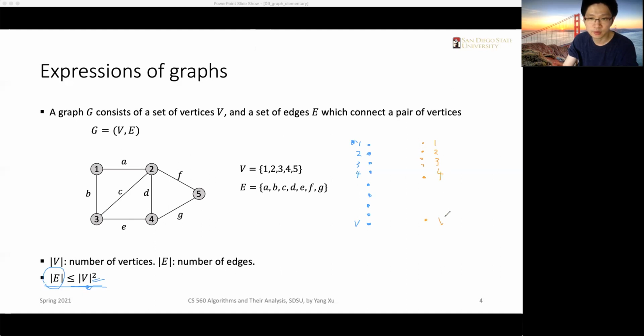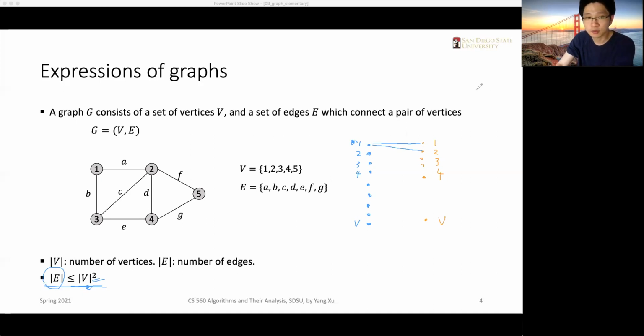So the question actually becomes how many possible connections there could be between these two ends of an edge. If you want to create an edge, it could be from 1 to 2. That is an edge. And also it could be from 1 to 1. That is a special case.